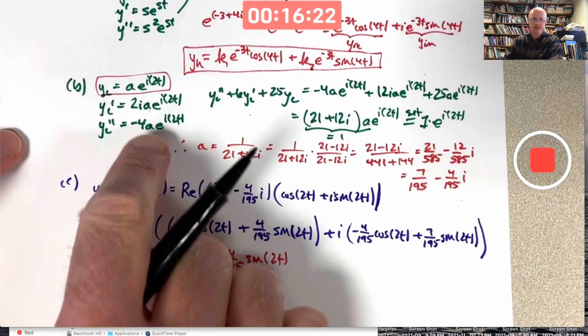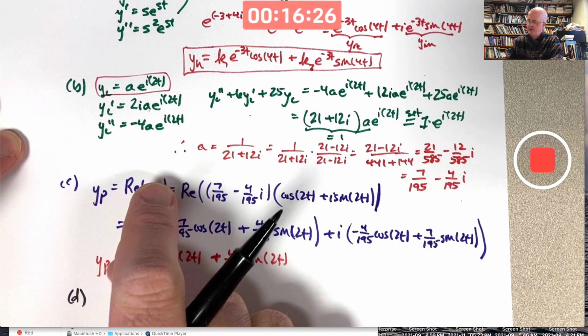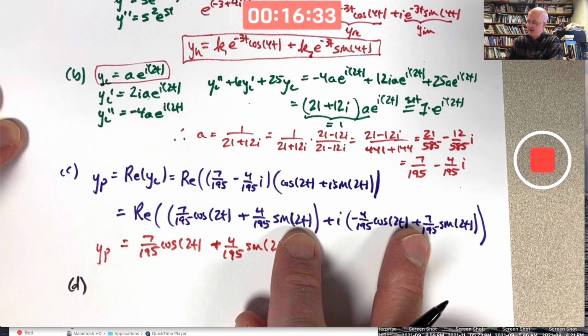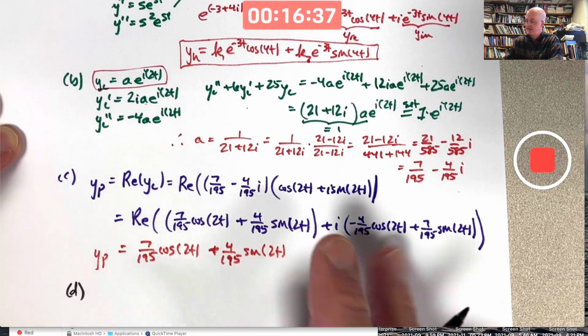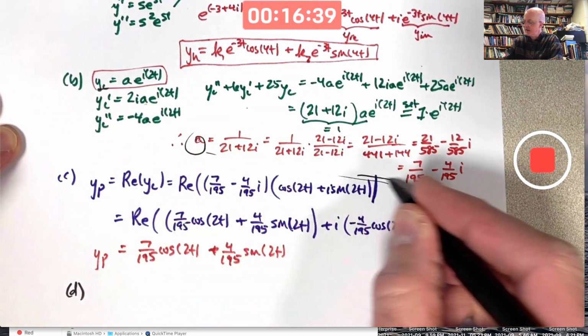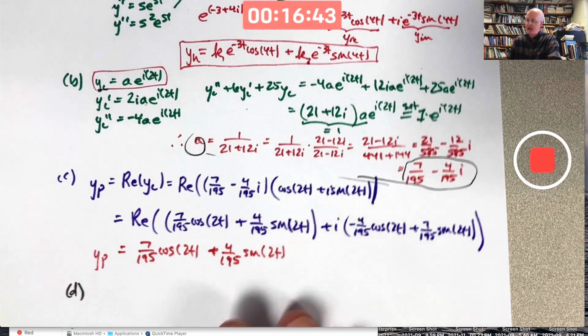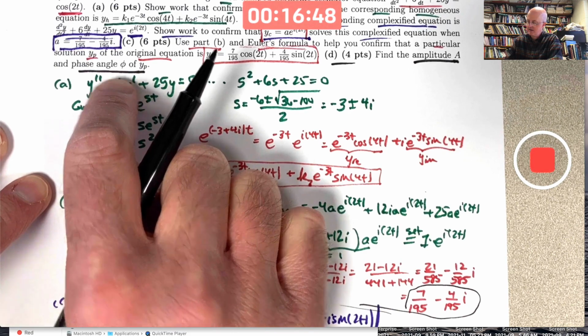One benefit is it's easy to do calculations with exponentials. Another benefit is that you get two solutions for free of two different differential equations, one with a cosine of t on the right side, one with a sine of t on the right side. Another benefit, when you take the complexification approach, is that the little a, this complex constant, contains information about the amplitude, capital A, and phase angle, phi.